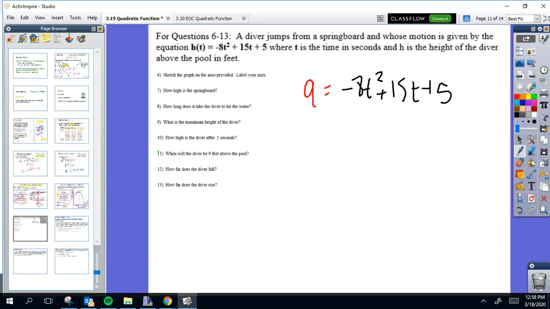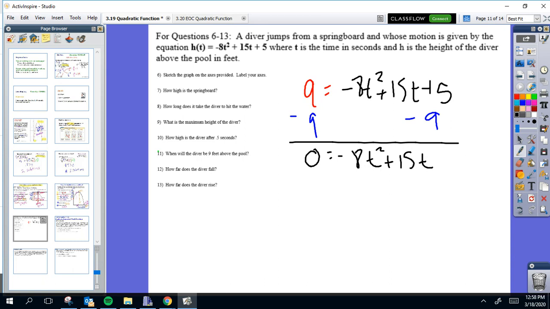Basically, to solve a quadratic, I need to set this equal to 0. And to set it equal to 0, I subtract 9 on both sides. So the equation that I'm working with will now become 0 equals negative 8t squared plus 15t, and then 5 minus 9 is negative 4.